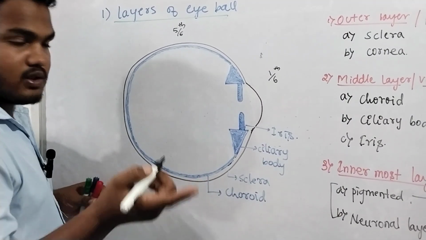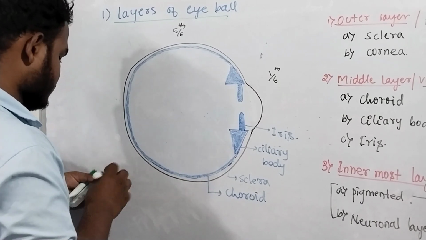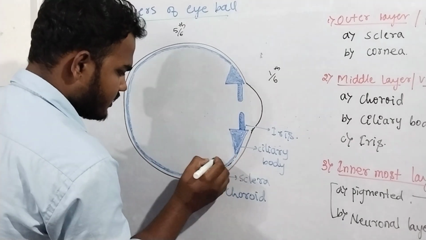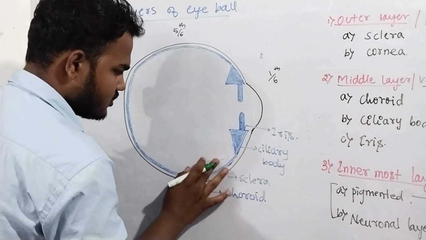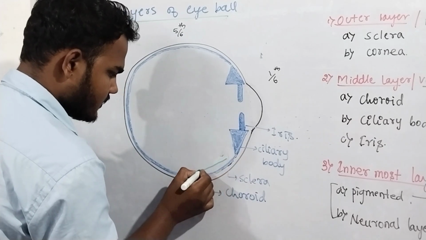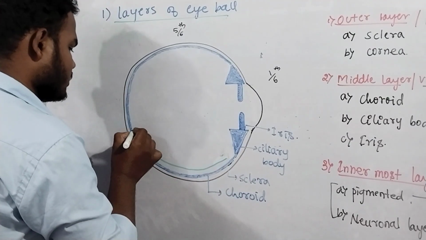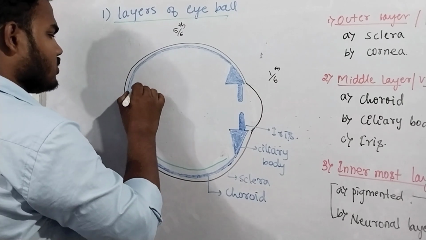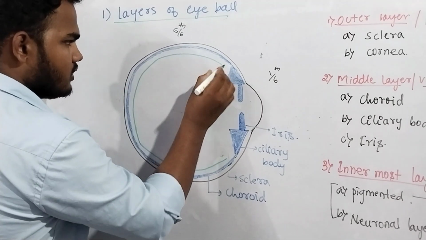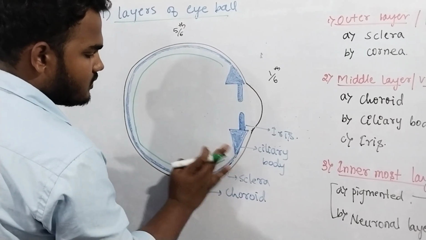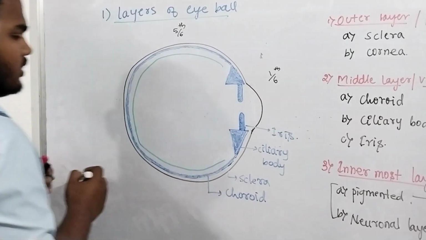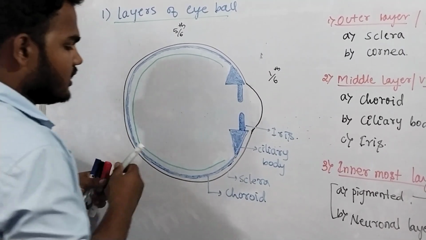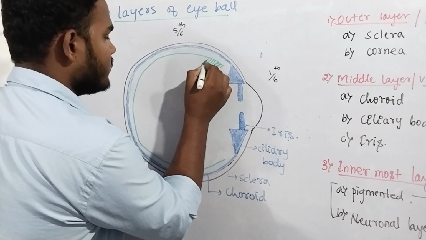The innermost layer is the neuronal layer. The innermost layer is known as the neuronal layer.